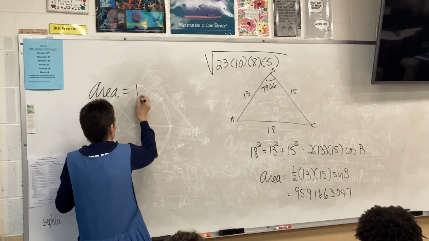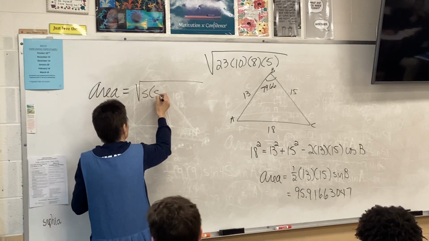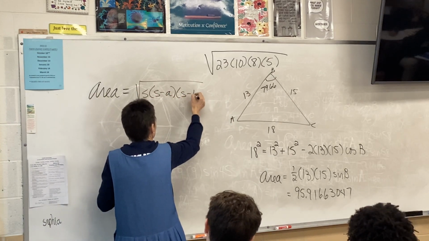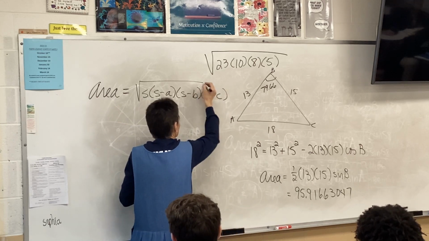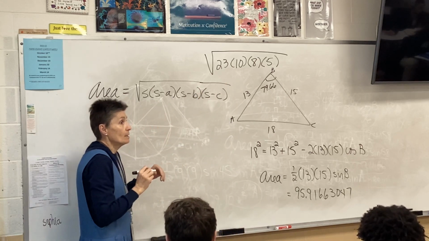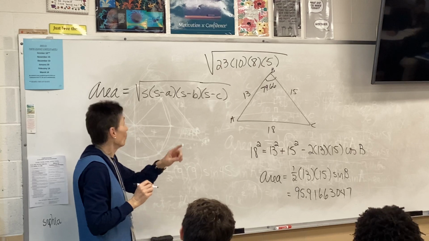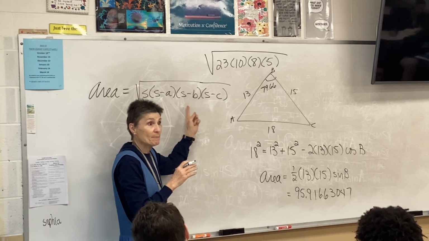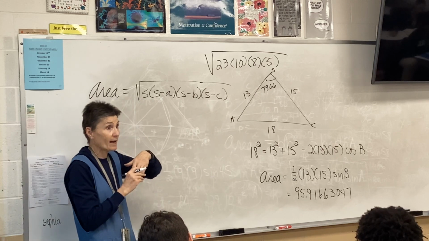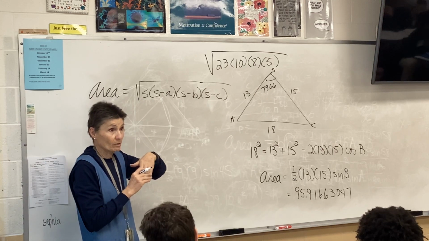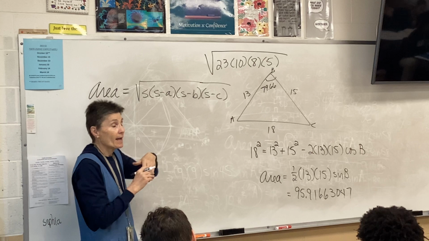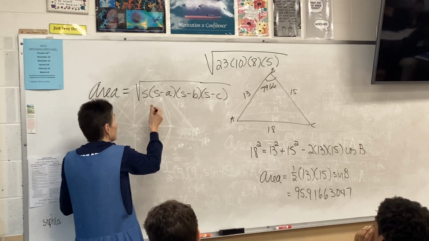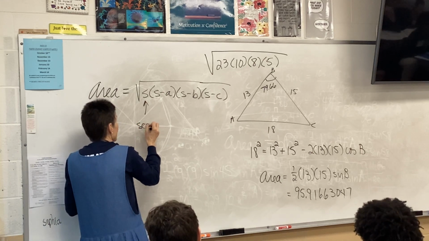So the formula looks like this. Now, I bet you know what the little a, b, and c are. The little a, b, and c are the sides of the triangle. S is the semi-perimeter.